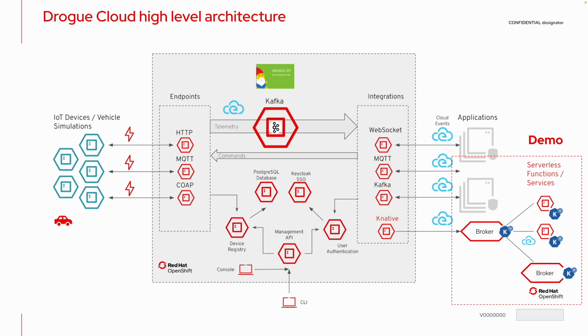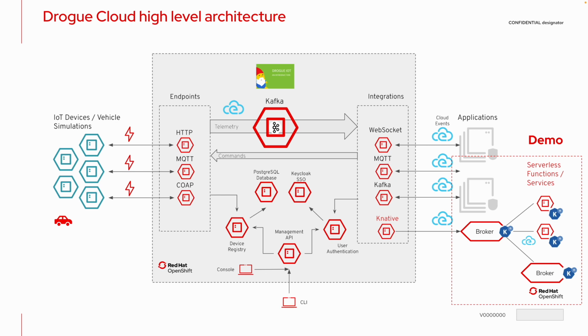And from there, we offer the data also in various protocols to the business applications. This part is called integrations, and there's also a Knative integration, and this is what we use in our demo. So the data coming in, transformed as a cloud event, we will forward as a cloud event to a Knative broker, and from there we will process it in various ways: with Knative Functions, Serving, forwarding to another broker to do machine learning, and so on.